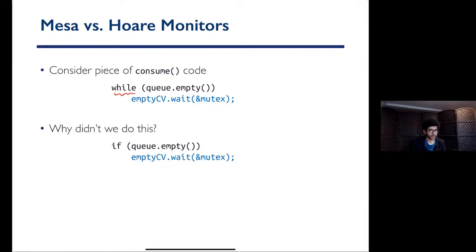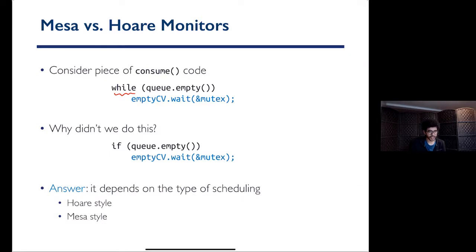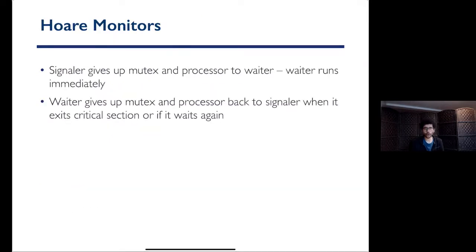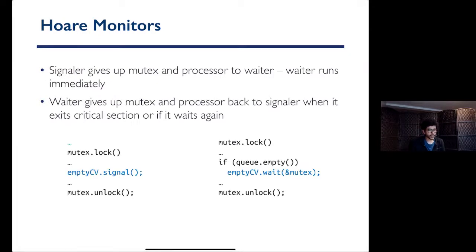Now, let's see the difference between Hoare and Mesa. These are two different scheduling approaches, which affects choosing between while and if. With Hoare monitors, when you call signal on your condition variable, the mutex and CPU will be given to the thread that receives the signal.